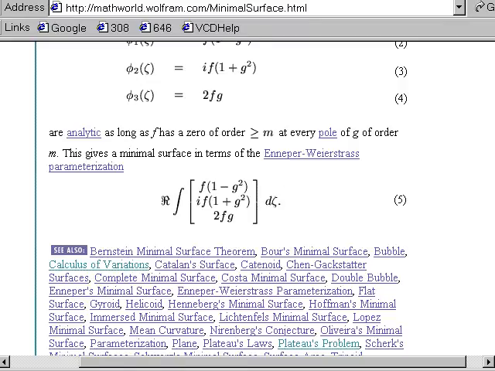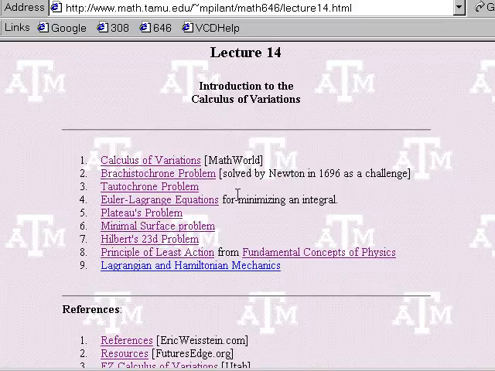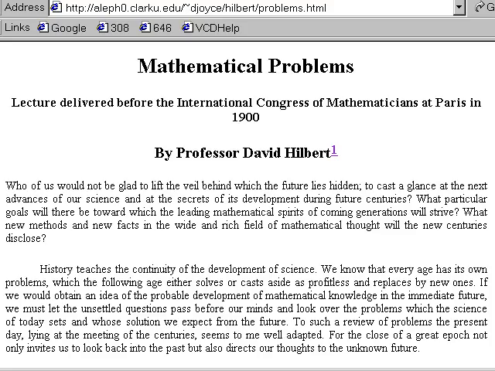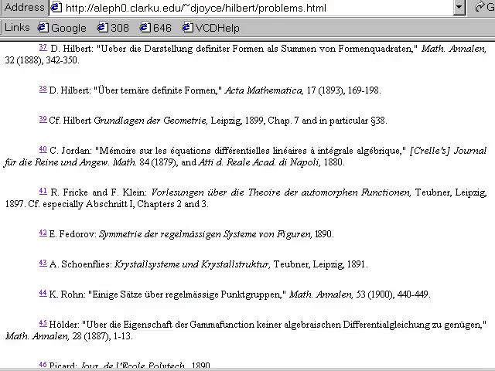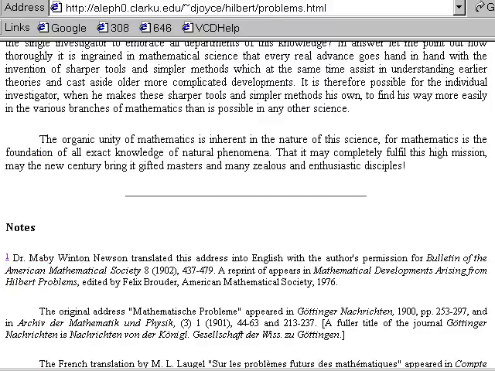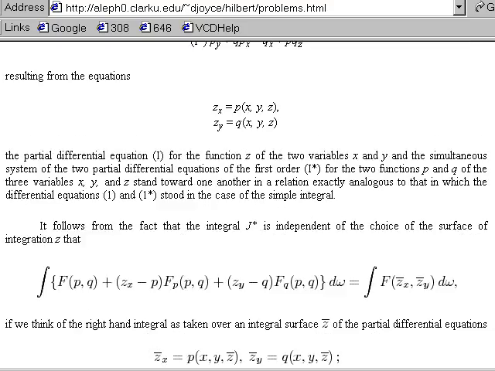Now, it's also interesting that the calculus of variations made it to Hilbert's list of problems in 1900. In fact, it was his last problem. Hilbert's 23rd problem was a mathematical extension or rigorous justification of the calculus of variations. So let's go back up here.